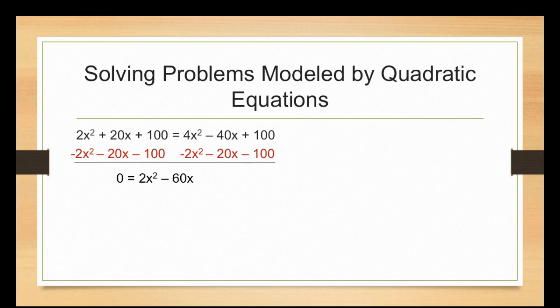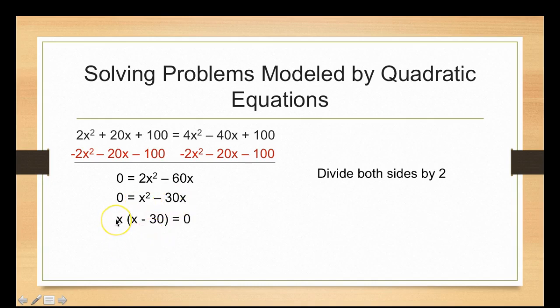Next, I'm going to divide out a 2 from both terms. So I'm actually dividing both sides of my equation by 2. So 0 divided by 2 is still 0. And then this side divided by 2 gives me this. Now I'm going to factor out an x from each one of my terms on the right side of my equation.